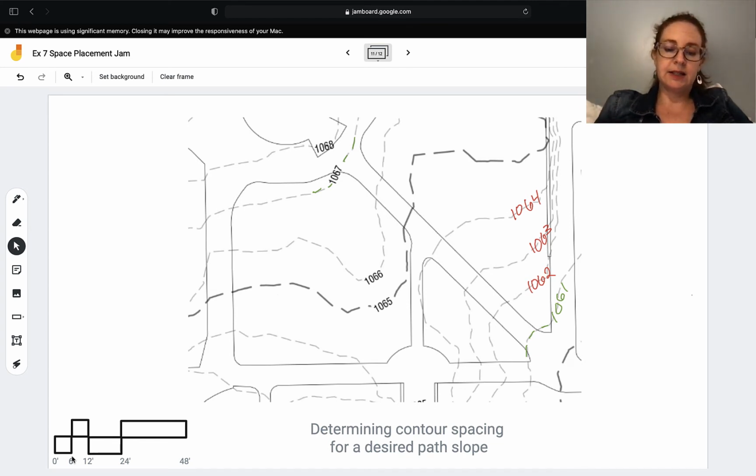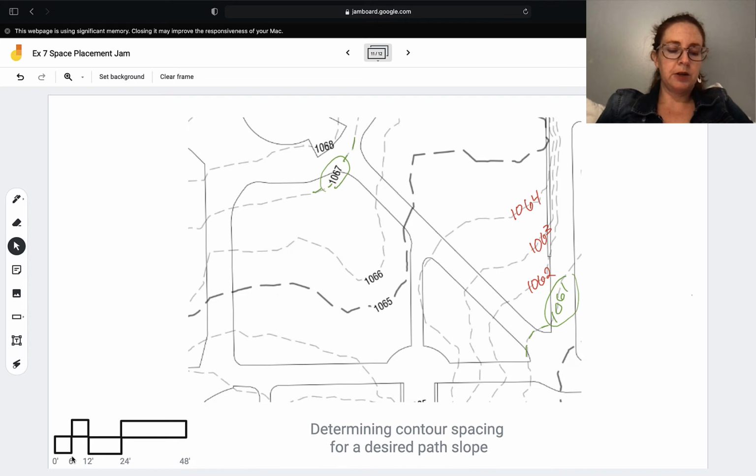So I know that 1067 and 1061 are going to stay just as they are, but I'm going to adjust those other contours on site in between the two.